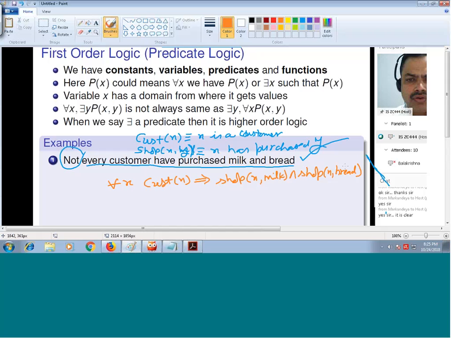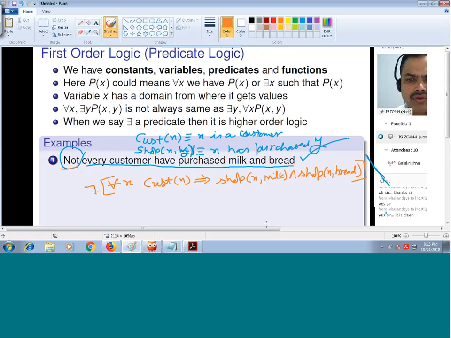So this is what I say: everyone who is a customer has shopped milk and bread. But I have to write not every customer has purchased this. So I can put a bracket over here and put a not in front.